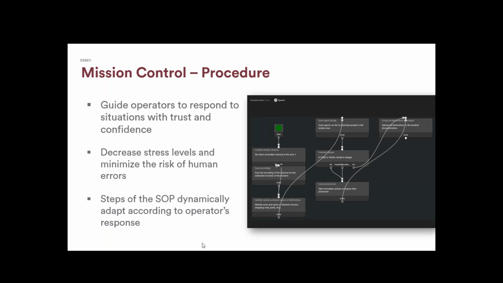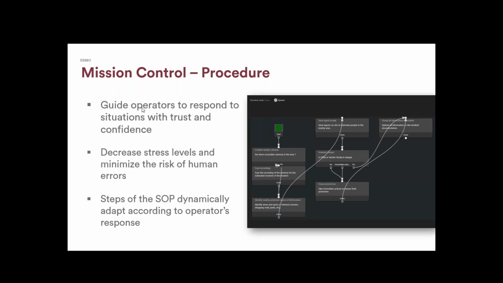So in picking this back up again, this is just a slide to show you how the display of your procedure would look. It looks like a flow chart here, to guide operators to respond to different situations preset before the alarm even triggers.